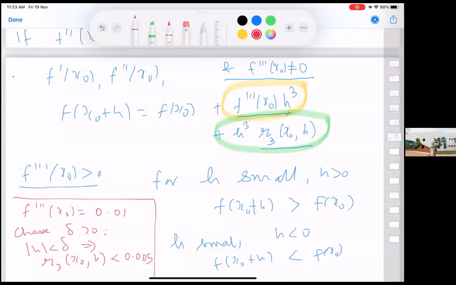Now let us look at, for mod h less than delta, what happens to the sum of these two, the green encircled and the yellow encircled terms. The yellow encircled term is h cube times 0.01, and the green encircled term is at most 0.005 times h cube.